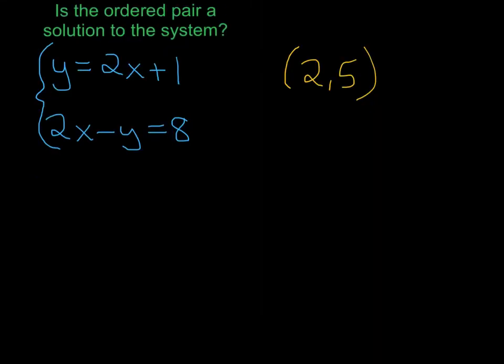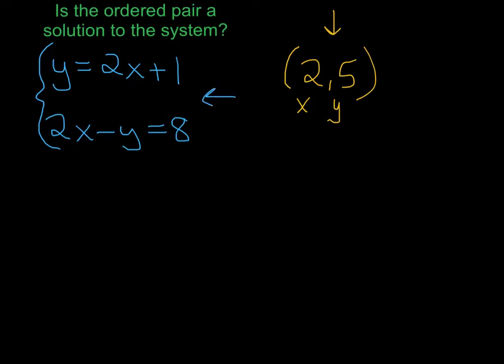So to start out, I've given you a system of linear equations, y equals 2x plus 1, and 2x minus y equals 8. And then I give you this ordered pair, 2, 5, which always remember has x and y. And the question is, is this ordered pair the solution to this system?